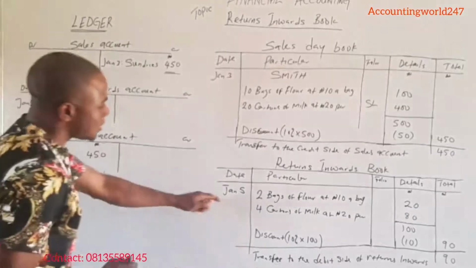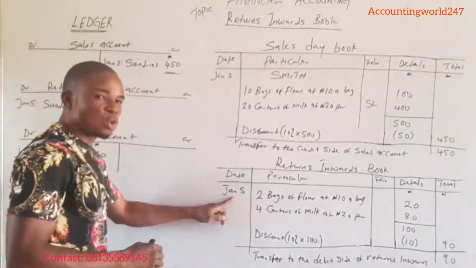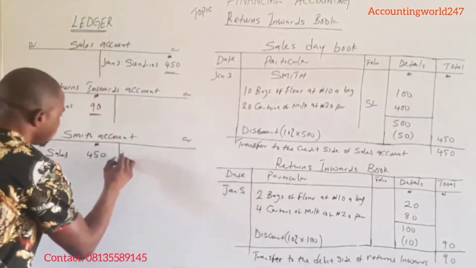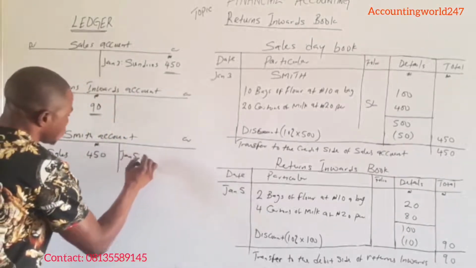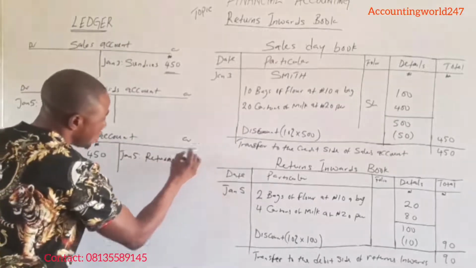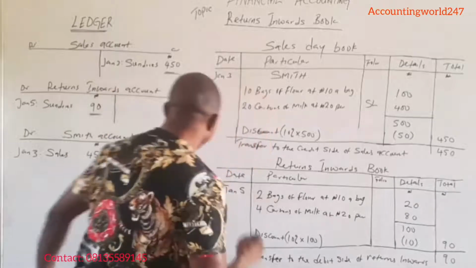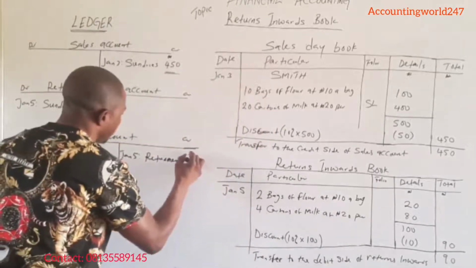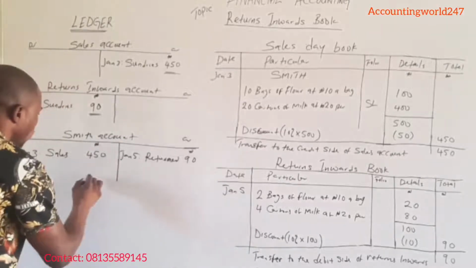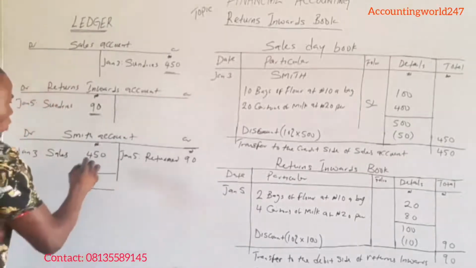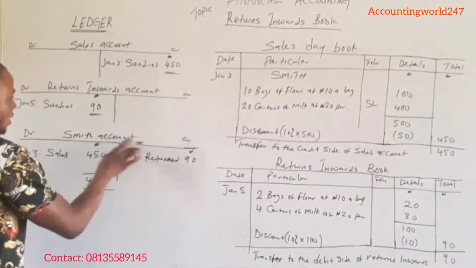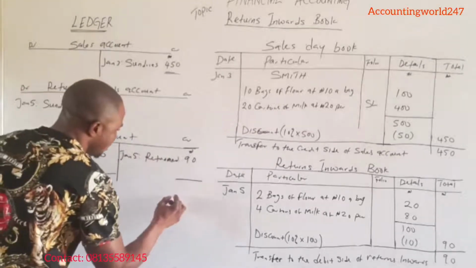Then Smith returned goods on January 5. So we're going to represent that one, that we have January 5, return goods, which is 90 naira. Now it means that Smith now, we're going to have 450 naira, since the debit side is higher than the credit side.